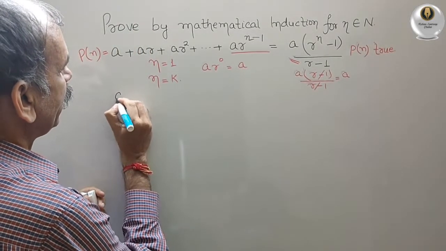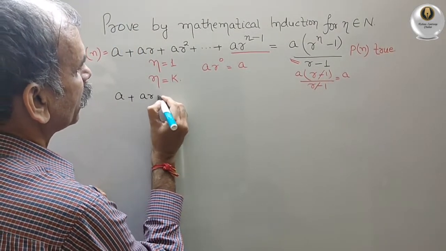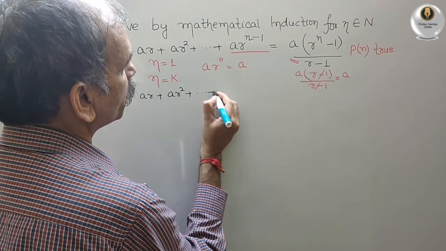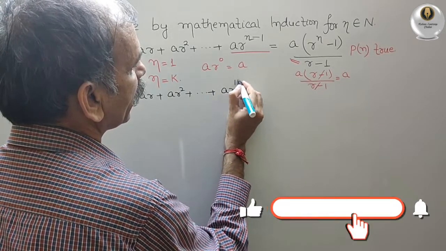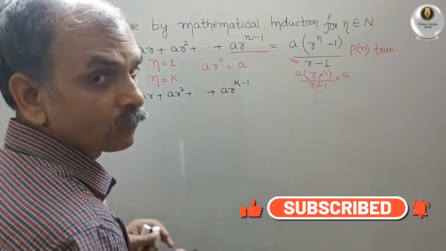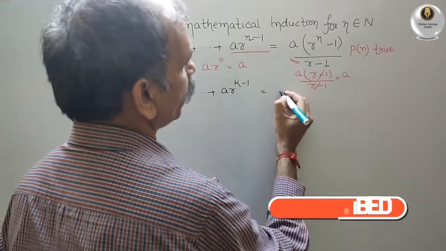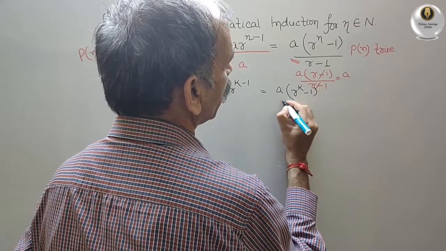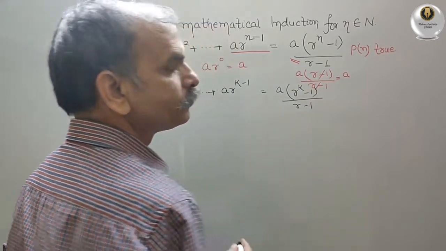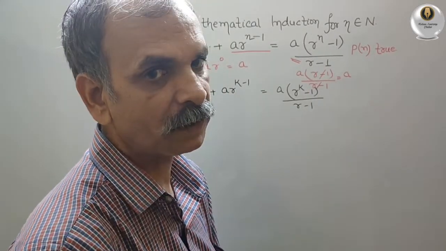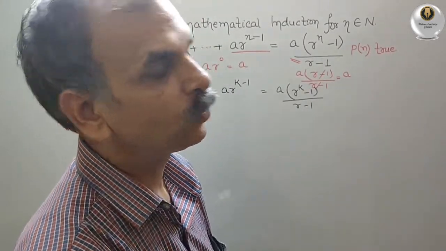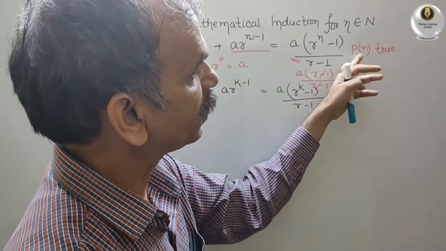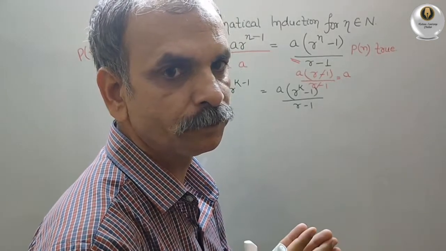Here you will get a plus ar plus ar square plus so on plus ar to the power k minus 1, that is equal to a into (r^k minus 1) by r minus 1. That we have done. Now here it is true. So now we can go for Pn is true, that means Pk is also true.